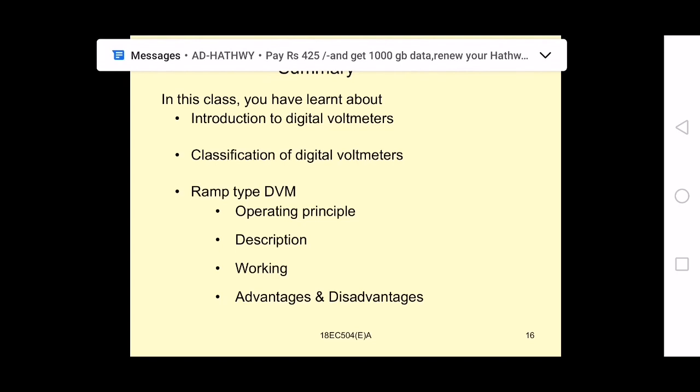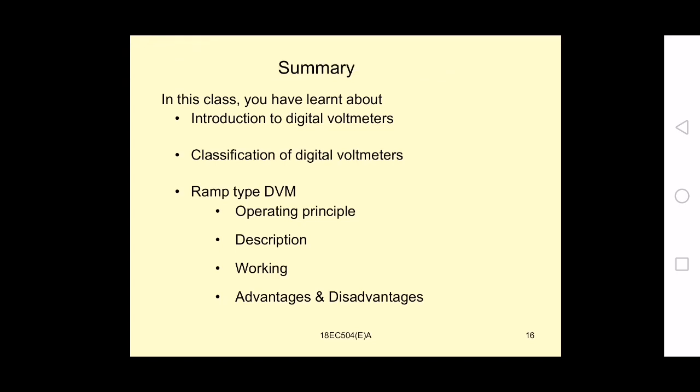So in this class you have learned the introduction to digital voltmeters. What is a digital voltmeter? DVMs convert the analog input voltage into digital output voltages. It is a versatile, popular instrument, mostly used in educational and research and R&D work.